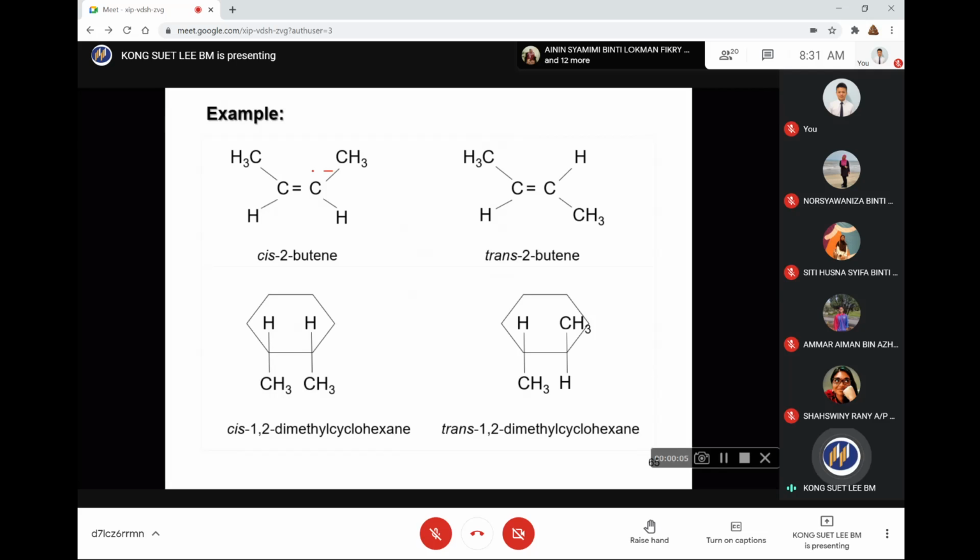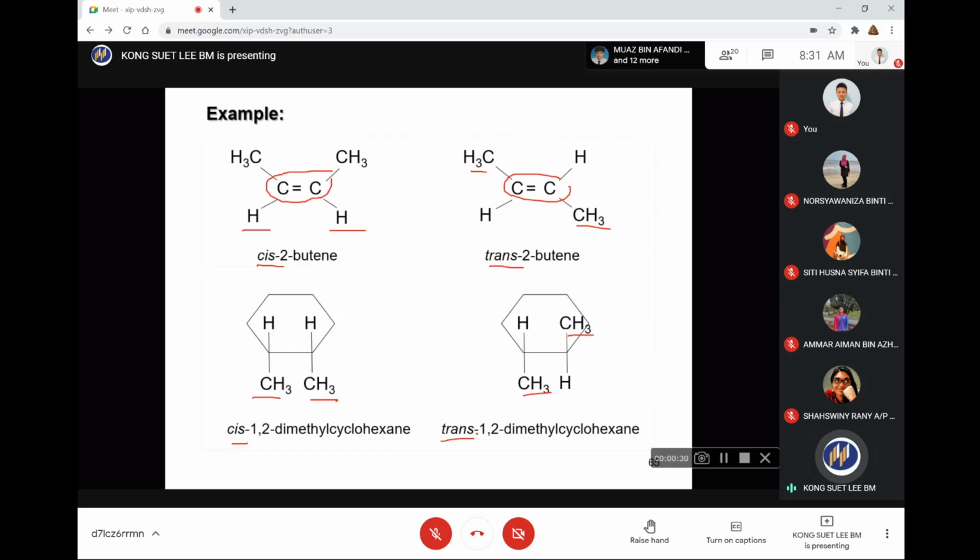This one has C double bond C. This one also has C double bond C, and the similar group over here is at a different side, so it's trans. This one has the similar compound at the same side, so this is cis. For the cyclic compound, cyclohexane, same side, so this one is cis. This one has different sides, so this one is trans.